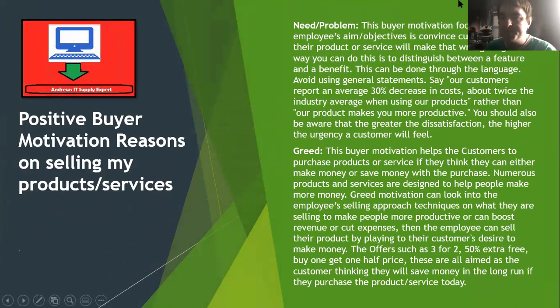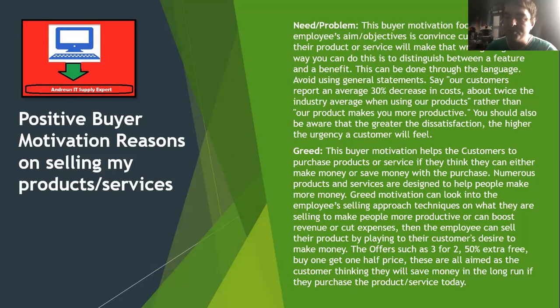This buyer motivation focuses on the employer's aim and objectives to convince the customers that their products and services will make that return on investment. One way you can do that is to distinguish between the features and the benefits. This can be done through the language, whatever language the customer speaks.